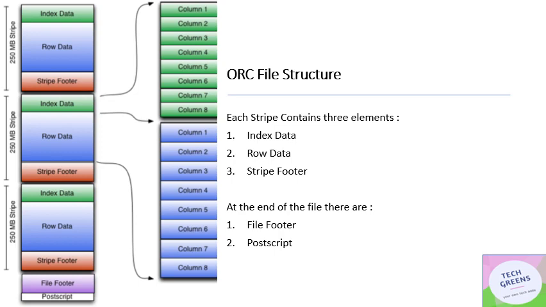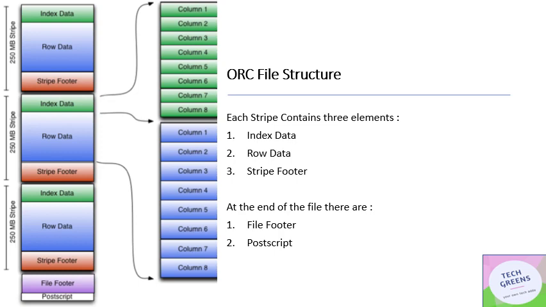It has a number of stripes, and towards the end of the file it has one file footer and PostScript, right? And each stripe has the information about all the columns, because as a system it's a columnar oriented structure, so it will carry the information about all the columns in the stripes, right?